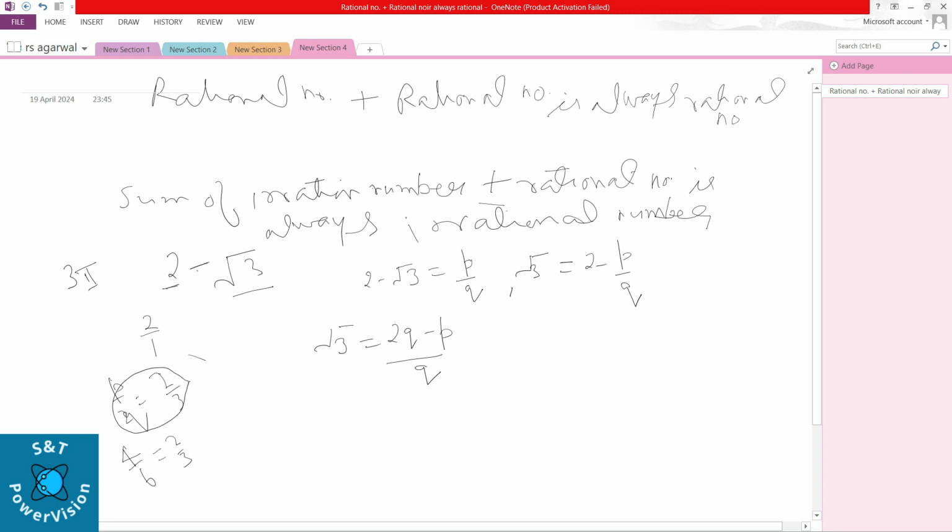Since q and p both are integers, (2q minus p) by q is also a rational number, right? For example, with 2 by 3: (2 into 2 minus 3) by 3 is equal to 1 by 3. This comes under the rational numbers. That's what we are trying to say here.